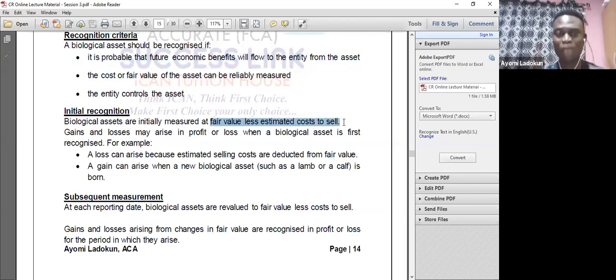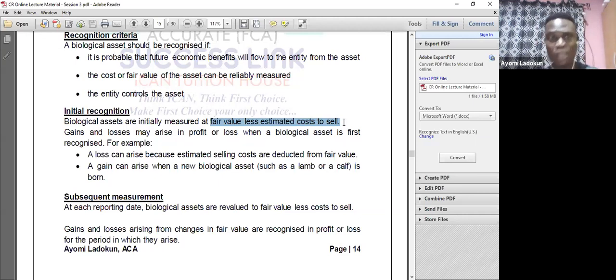I'm sure everybody knows what fair value is now. That's why I did impairment first, then went ahead to look at IFRS 5. So you should know what fair value is by now, and I'm sure you also know what we call cost to sell or cost of disposal, okay?